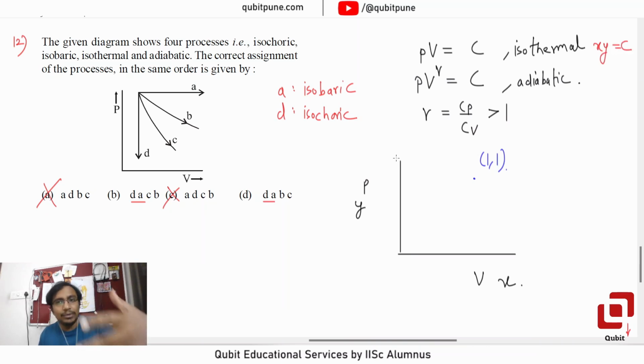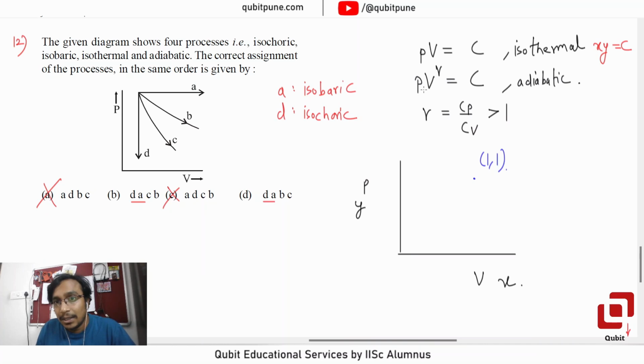Although I know that gamma values are fixed, for analysis I can take any value of gamma which I find convenient just to prove it, because we are now solving it as a mathematical problem.